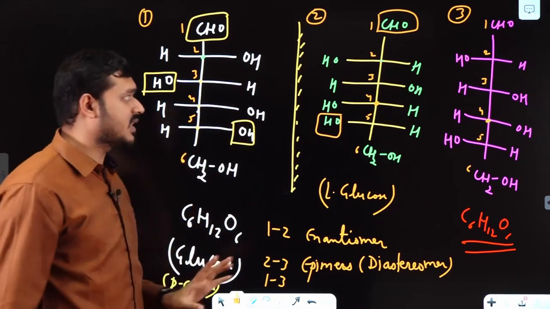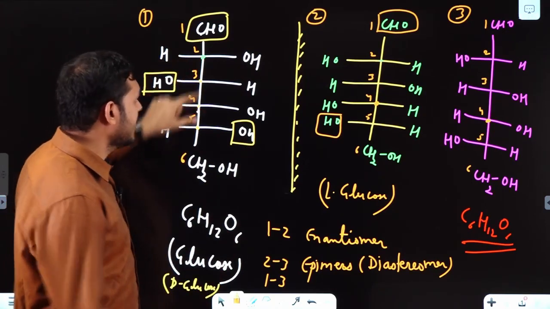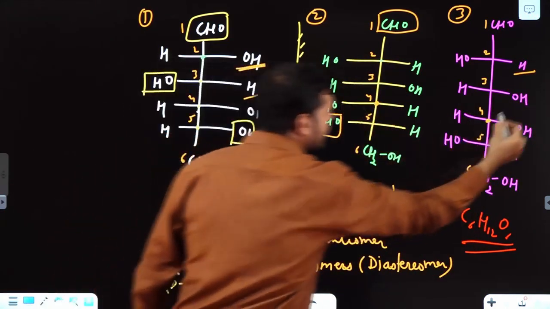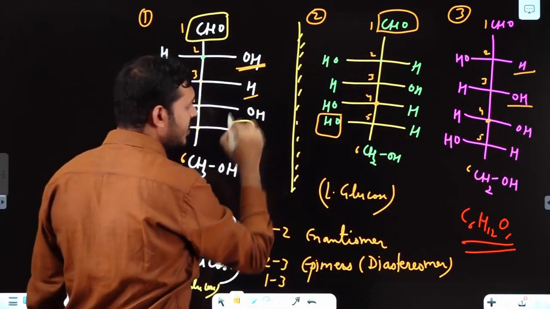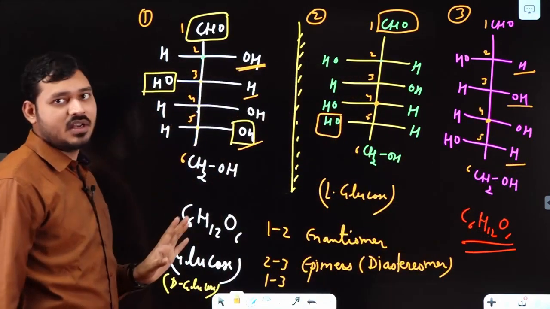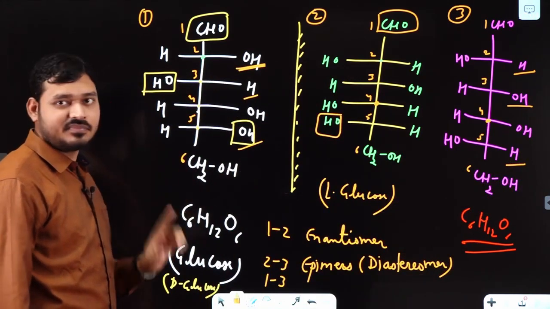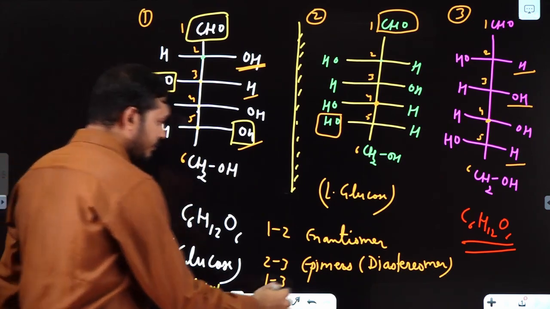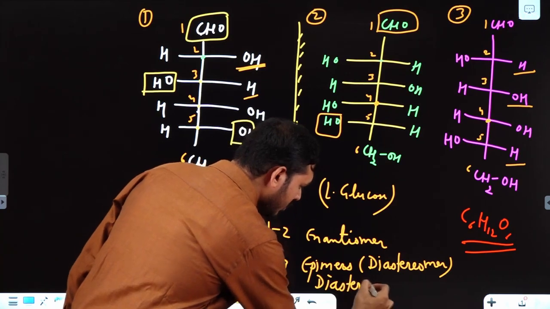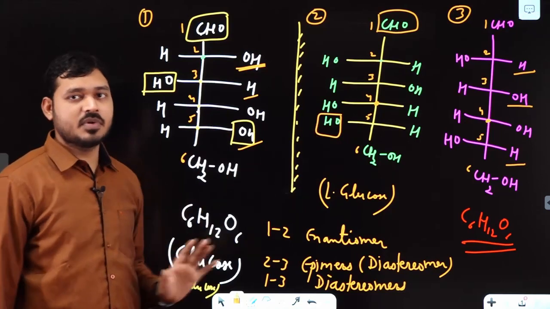Across 2, 3 and 5 it is different, so definitely they won't be mirror images of each other. So they are diastereomers. They cannot be mirror images and they won't superimpose on each other.